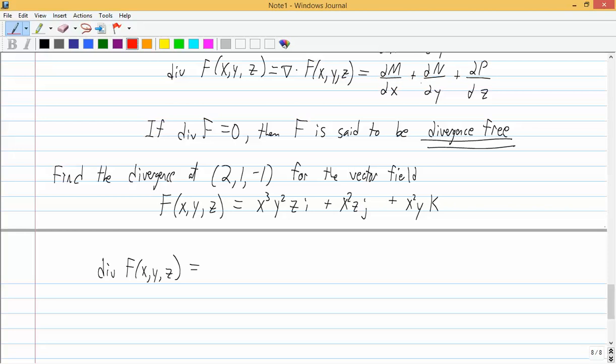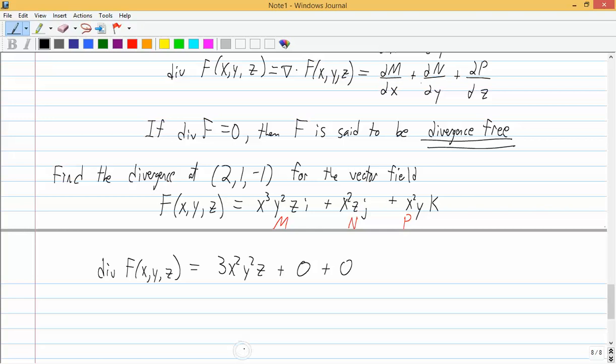Remember, this is our m, this is our n, this is our p. So the partial of m with respect to x, that's going to be 3x squared y squared z, plus the partial of n with respect to y, that's going to be what? 0, plus the partial of p with respect to z, 0.